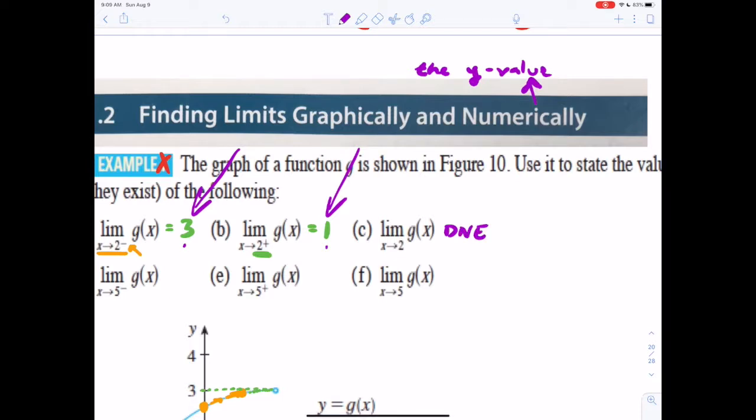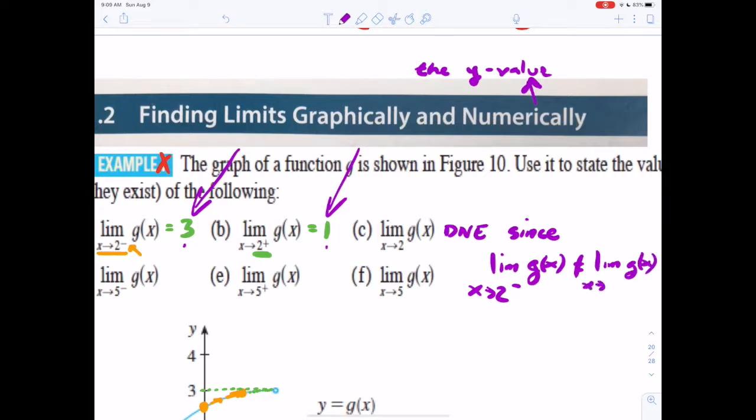Okay? Anytime a limit does not exist, you have to justify it, okay? So here's what you're going to say. The limit here does not exist since the limit of g of x as x approaches 2 from the left does not equal the limit of g of x as x approaches 2 from the right.